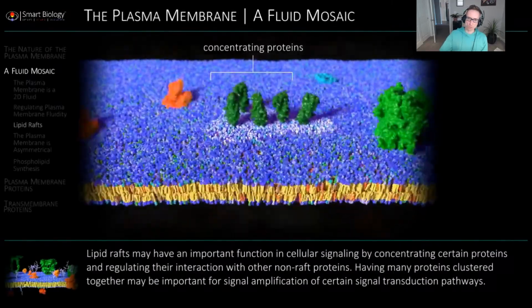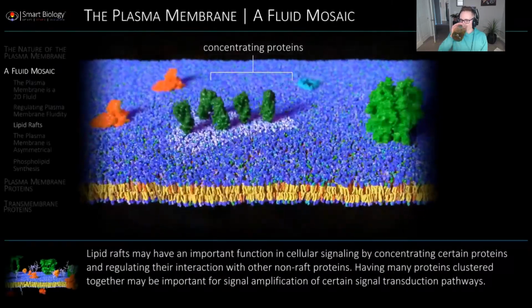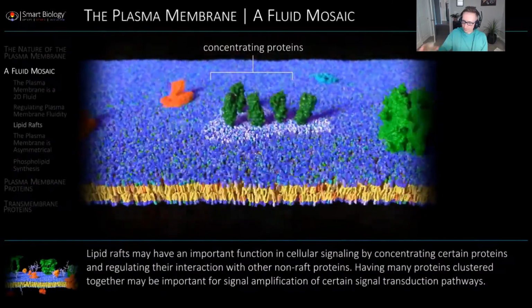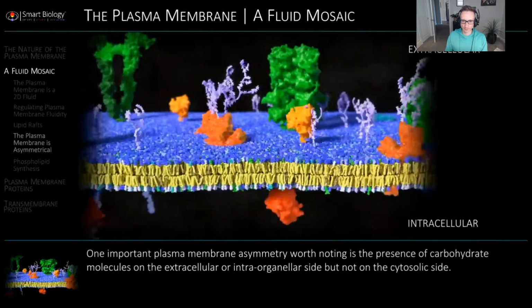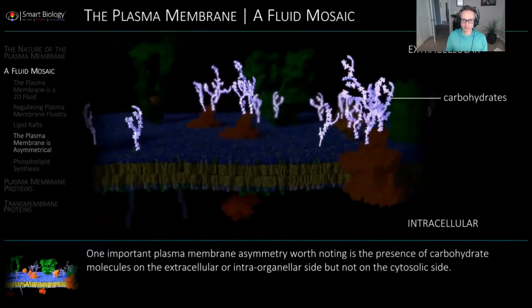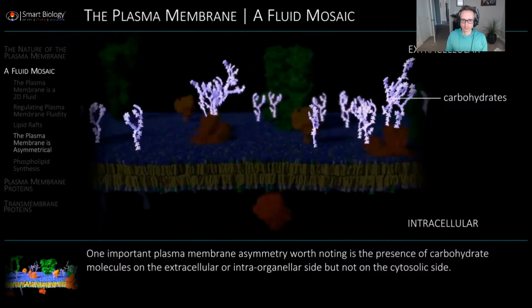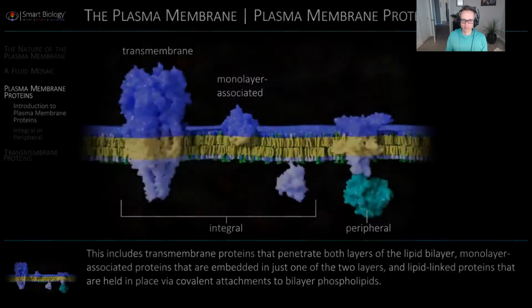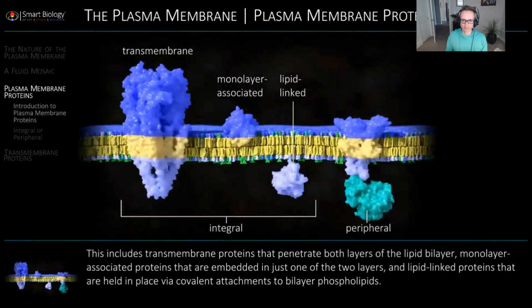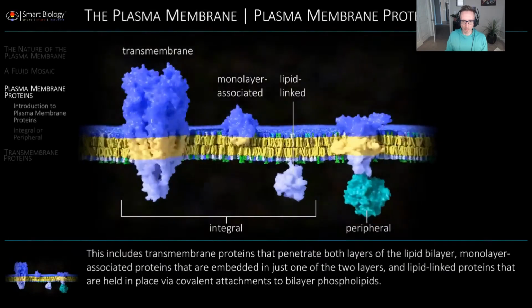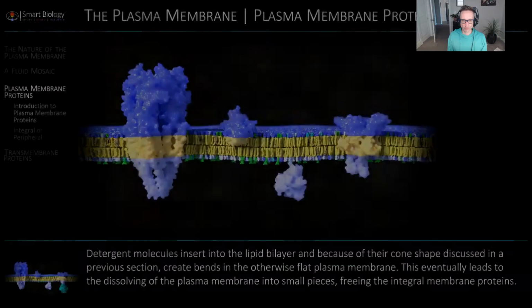Having many proteins clustered together may be important for signal amplification is the presence of carbohydrate molecules on the extracellular or intraorganellar side and lipid-linked proteins that are held in place via covalent attachments.